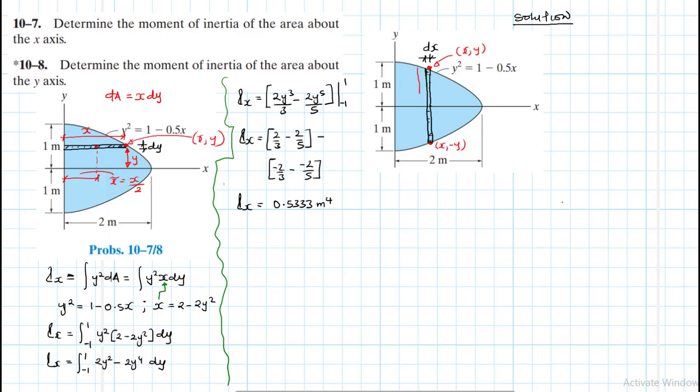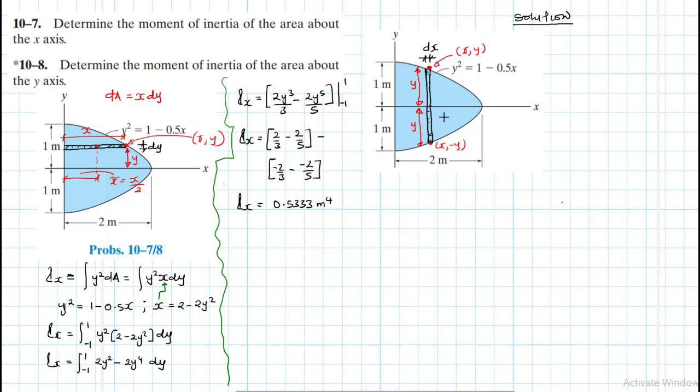Therefore, this height here is y. This height here also is just y as well. Of course, it is going to be negative, but it is still y. So the whole length is 2y.